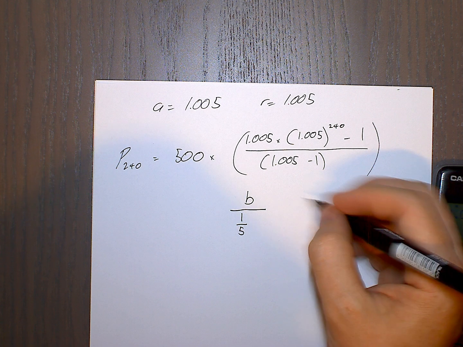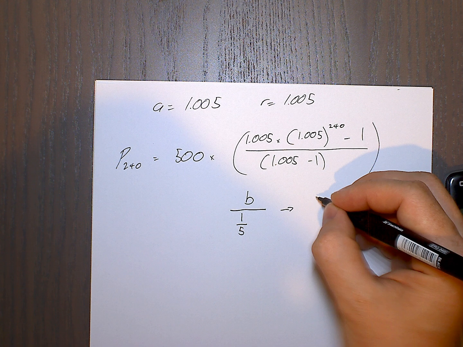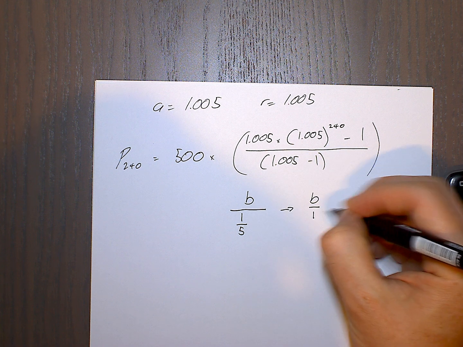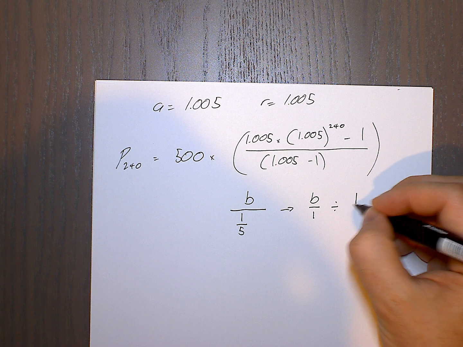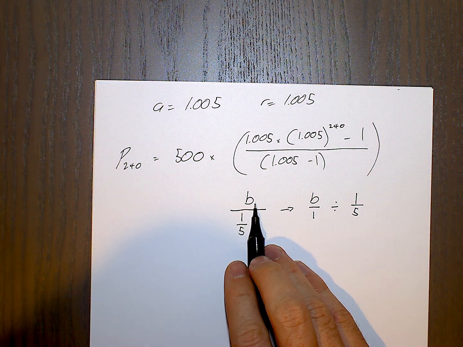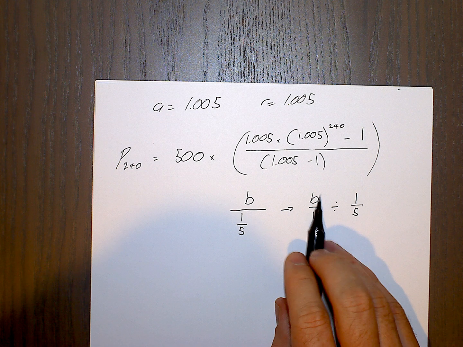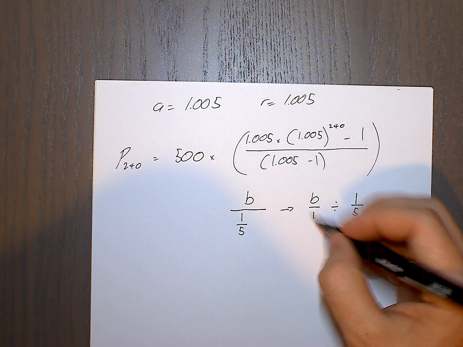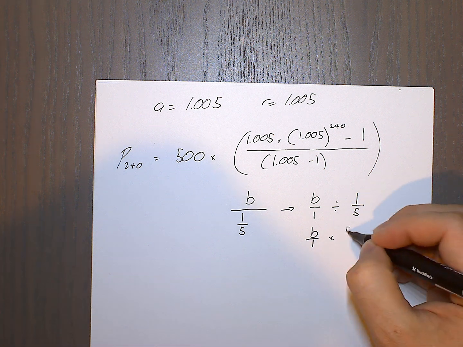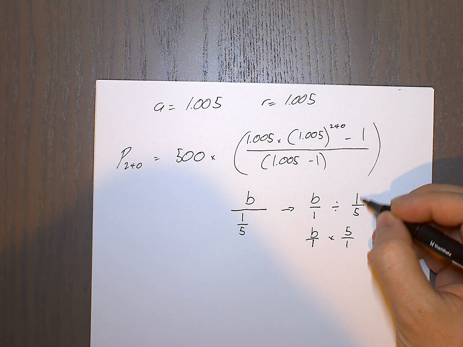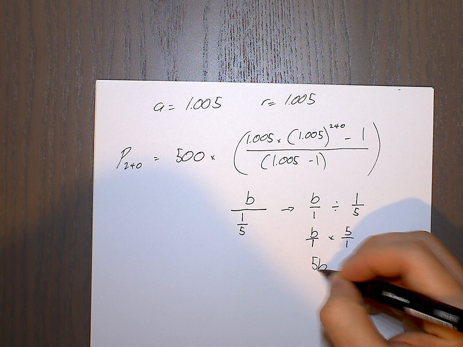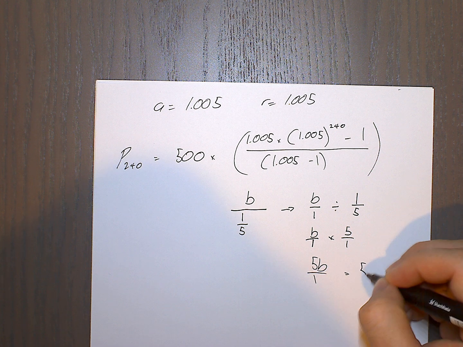Another way of writing that could be b over 1 divided by 1 over 5. And b over 1 is just b, but we're writing it as a fraction here. If we flip the second fraction, we can multiply, which would be b over 1 times 5 over 1, which is 5b over 1, which is just going to be 5b.